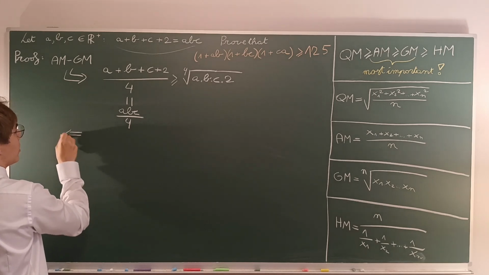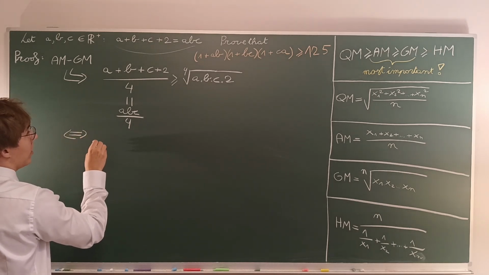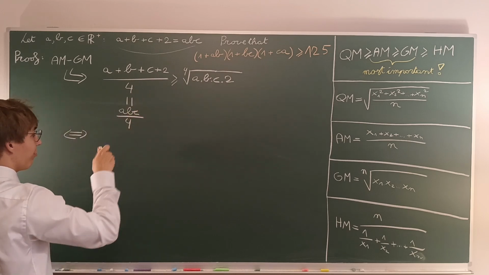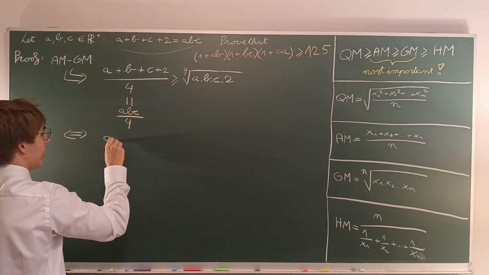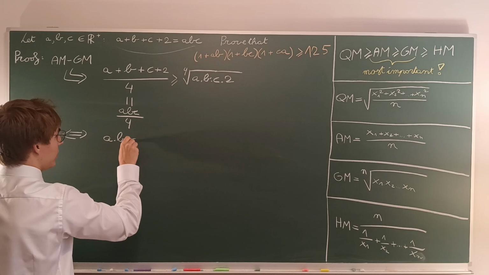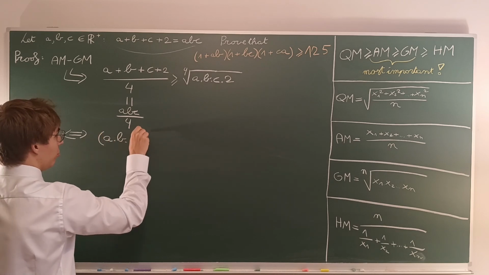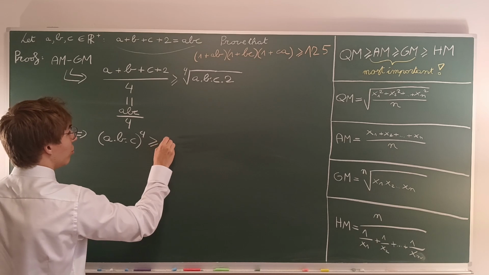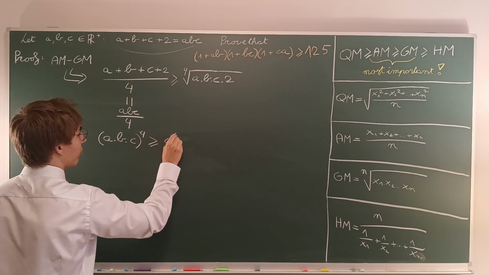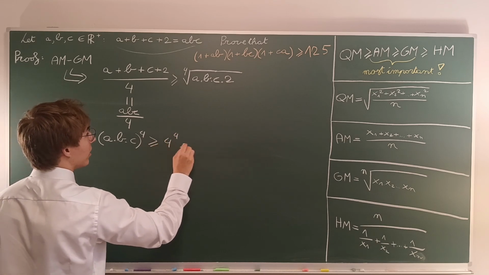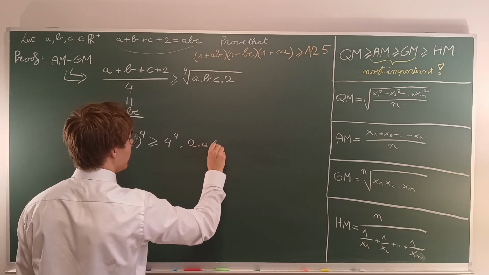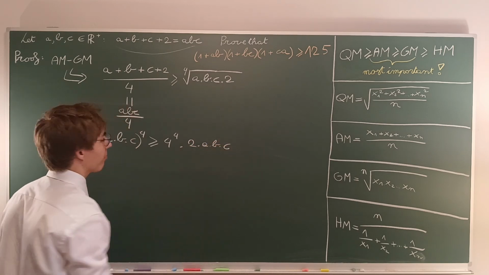So this gives us that if we bring the 4 to that side and then we raise everything to the 4th power, that abc to the 4th is bigger than or equal to 4 to the 4th times 2 times abc.